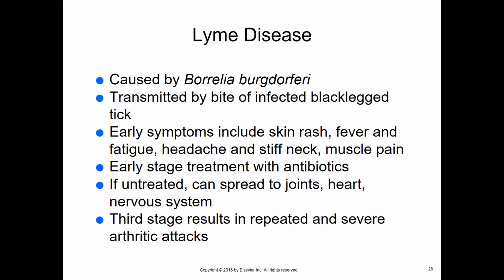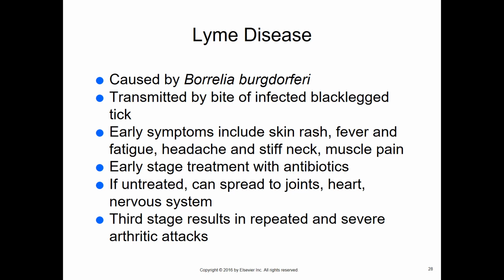In the early stages, it can be treated with antibiotics for a few weeks. The second stage can occur anywhere from weeks to months later if it's left untreated. The infection then spreads to the joints, the heart, and the nervous system, causing symptoms such as severe fatigue, myalgia, skin lesions, heart problems, meningitis, and encephalitis.